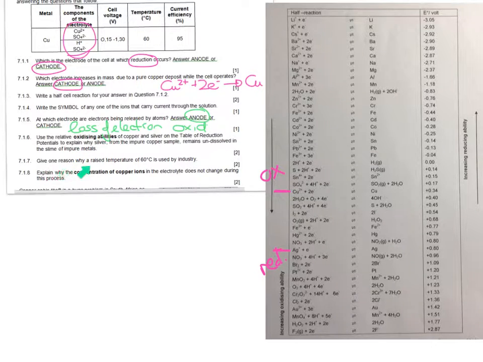Give one reason why a raised temperature is used by industry to increase the rate. And explain why the concentration of copper ions in the electrolyte does not change, because as fast as we're making copper on the one electrode, we are using copper on the other electrode. So it is being oxidized and reduced at the same rate.